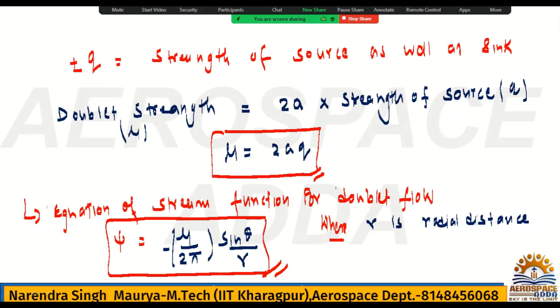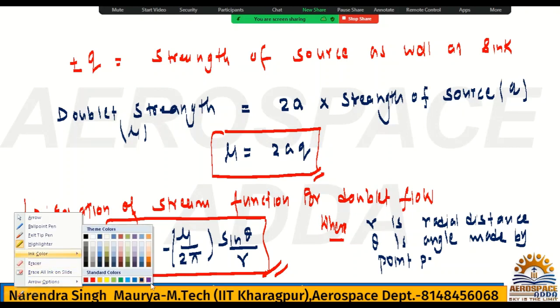R is the radial distance. That diagram also I will give, don't worry. Radial distance, and theta is the angle made by point P. How that diagram will look, I will show you. In short, I will show you that diagram also.